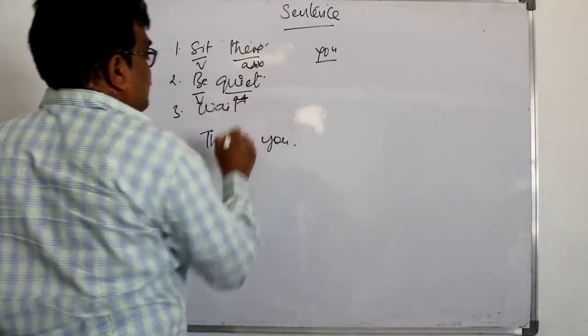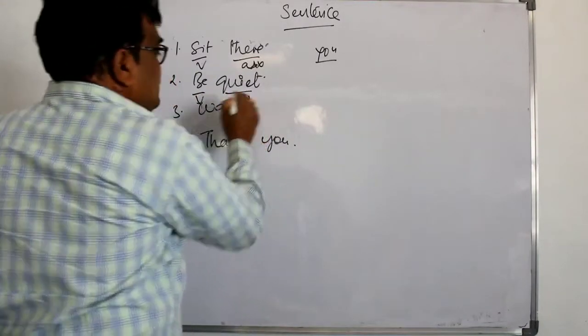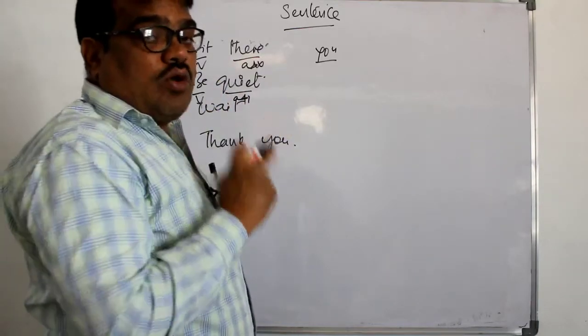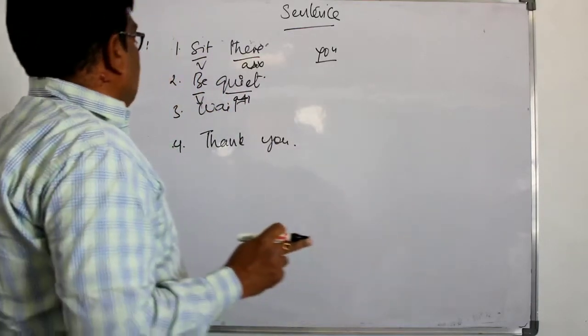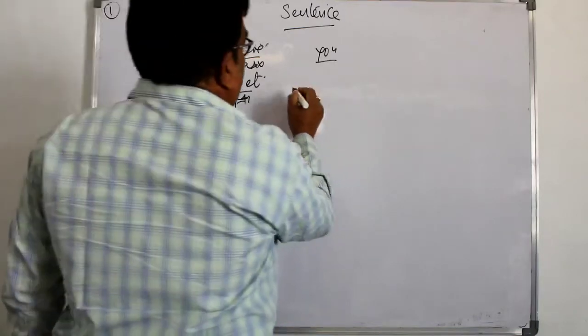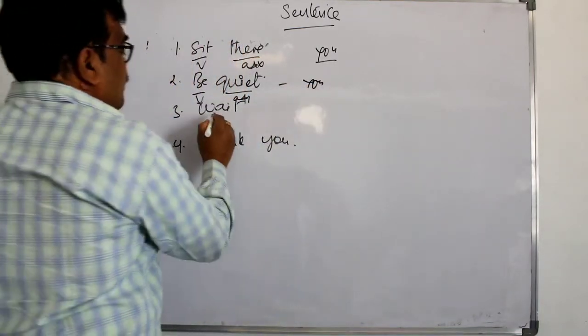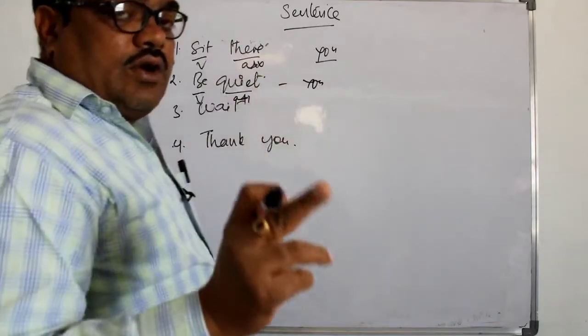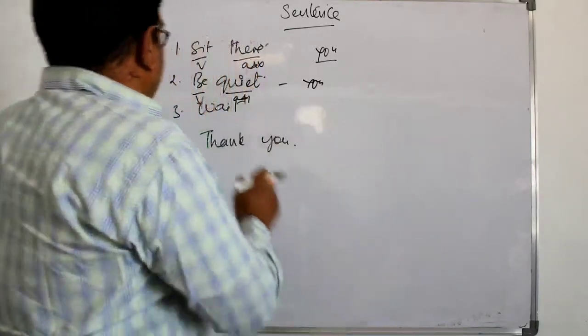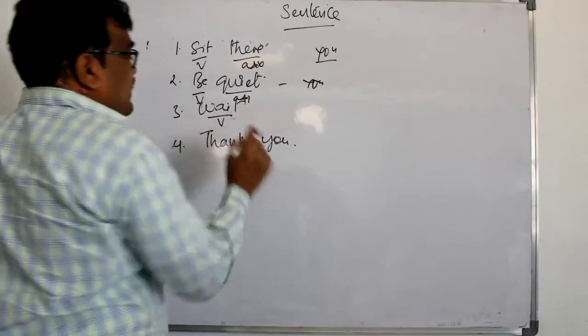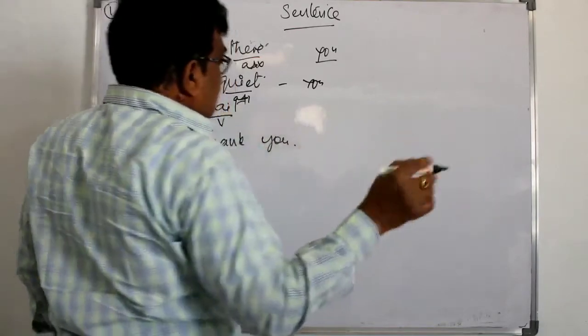Quiet is the adjective. The subject is not there, but it is implied: you. Next, take: Wait. This is a single word sentence. It is basically a verb, but it also implies the subject as you.